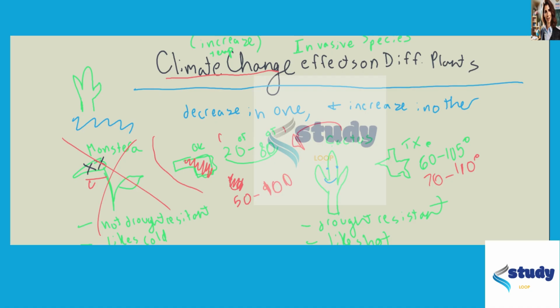And now that we're talking about climate change, we're going to look at our options and see which one is a viable option based on our understanding. And I know that this looks like some ranting and raving, but hopefully this helps you understand the concept as opposed to just understanding the answer. So now we've got A, B, C, and D. And let's decrease in size. Actually, everything over here.